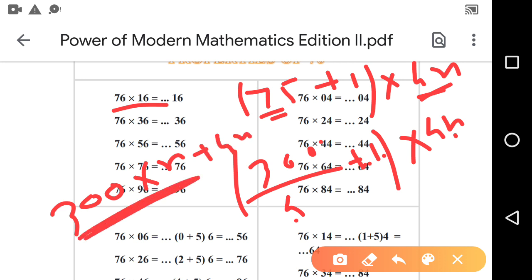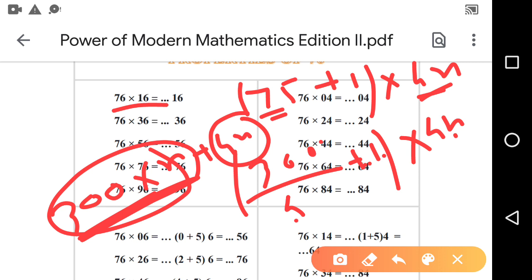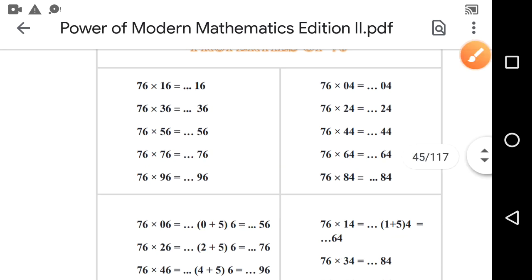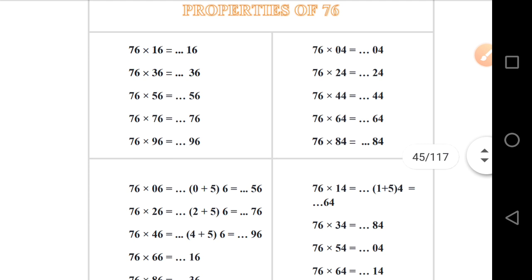Now this is nothing but a multiple of 100 plus 4n. So the last two digits of such a number are nothing but 4n itself, friends. So the last two digits are those of 4n, and that is why 76 into 16 ends with 16.